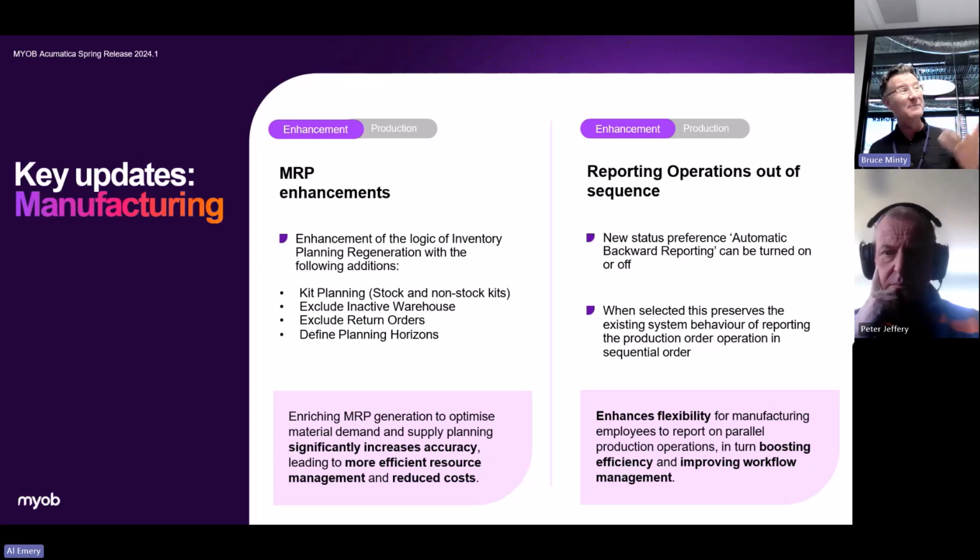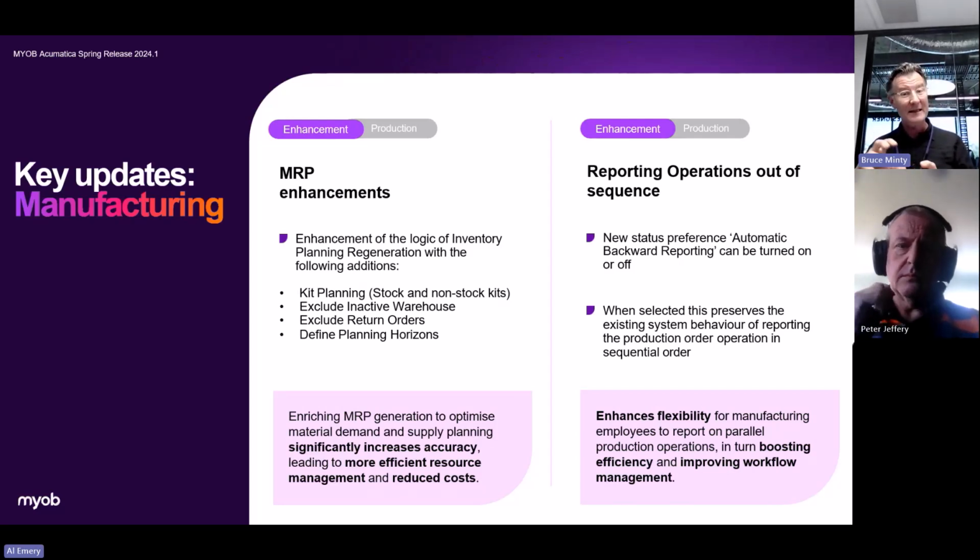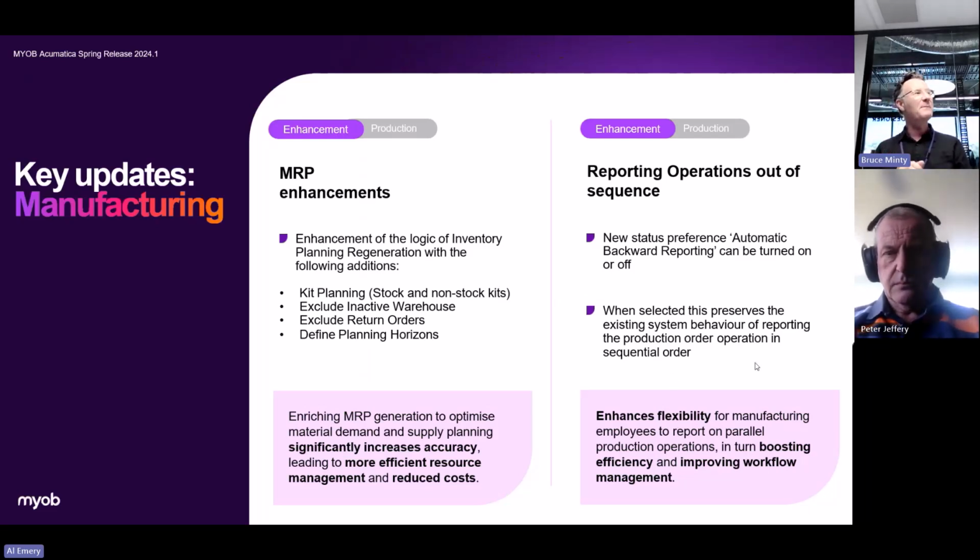Another point there is around making a warehouse inactive. So you can obviously reduce the planning time that the inventory planning module has to run and expedite that process a bit better. You can exclude return orders, and there's also been another one there which I think is really, really important, which is around a new planning horizon.